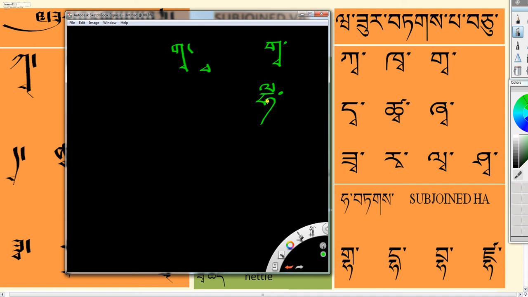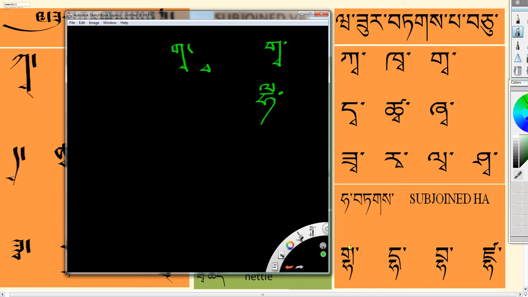The easy way to find out is whichever letter is right adjacent or right next to the punctuation mark, that's the base letter. In this example, since the punctuation mark is right next to the ha, this becomes the base letter. In this case, this is the surmounted letter and this is the base letter, and the easy way to tell is by this punctuation mark.